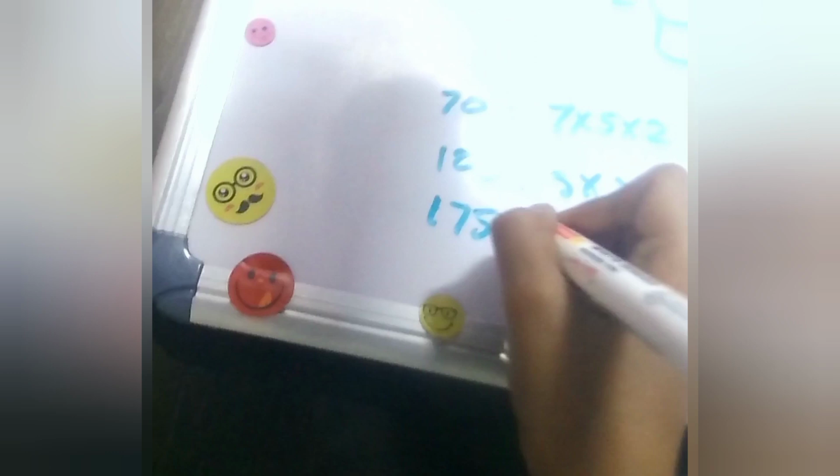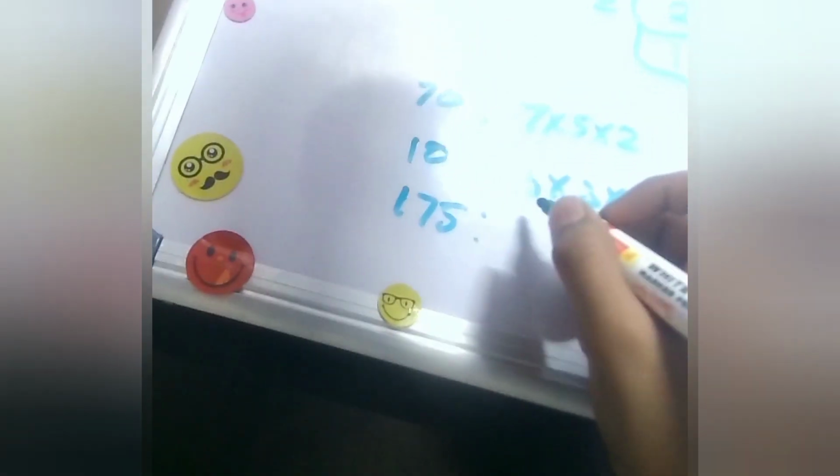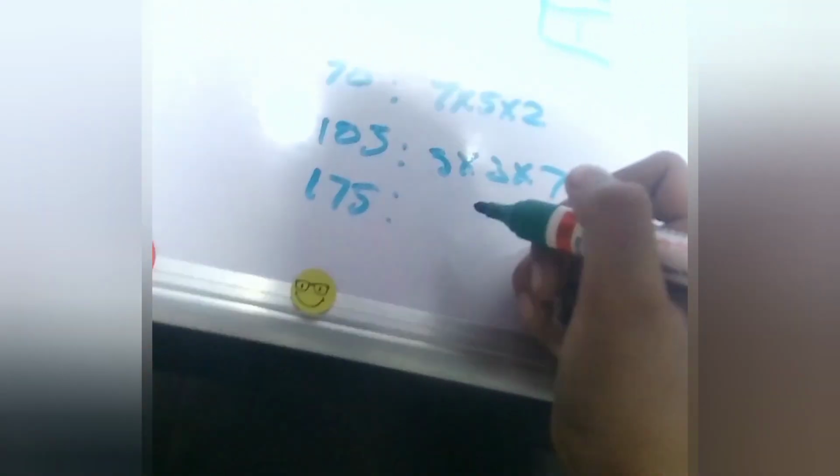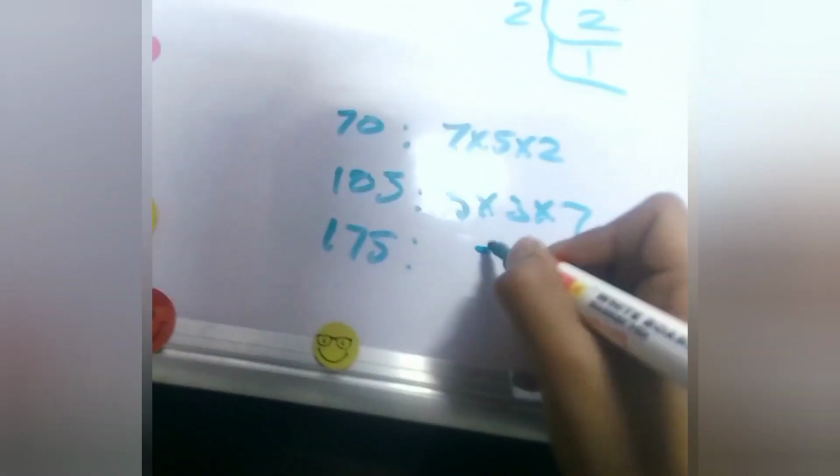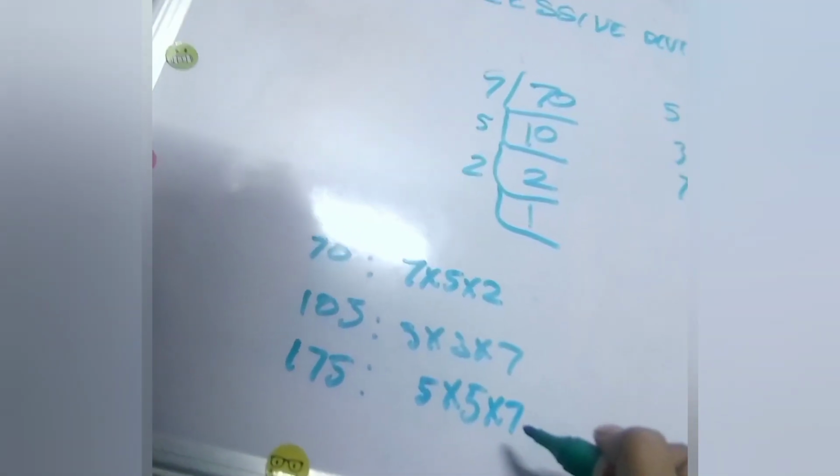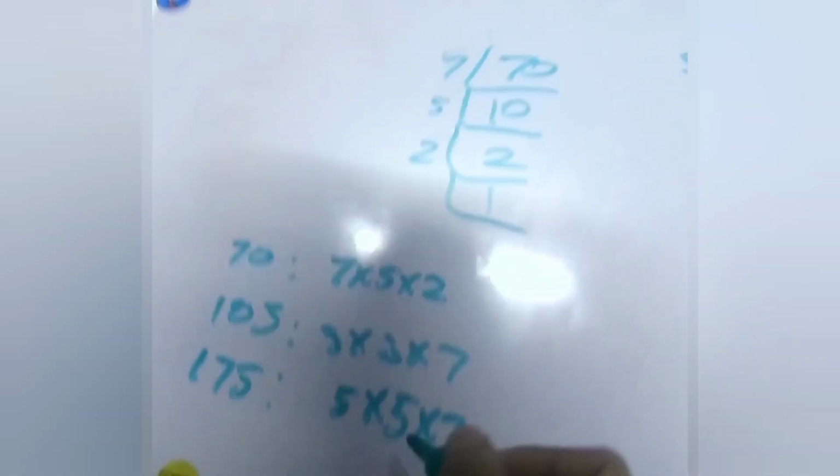So 175 equals 5 into 5 into 7. 5 5s are 25. My goodness. 5 5s are 25, into 7 would be 175.